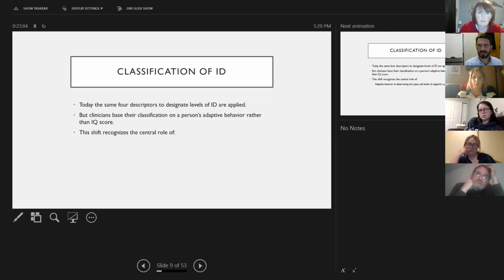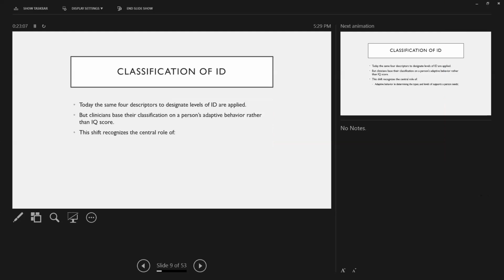Certainly these descriptors are still applied. But again, it's not just the IQ score. It's also based on their classification of the person's adaptive behavior. And that's just a point that we'll continue to reiterate.